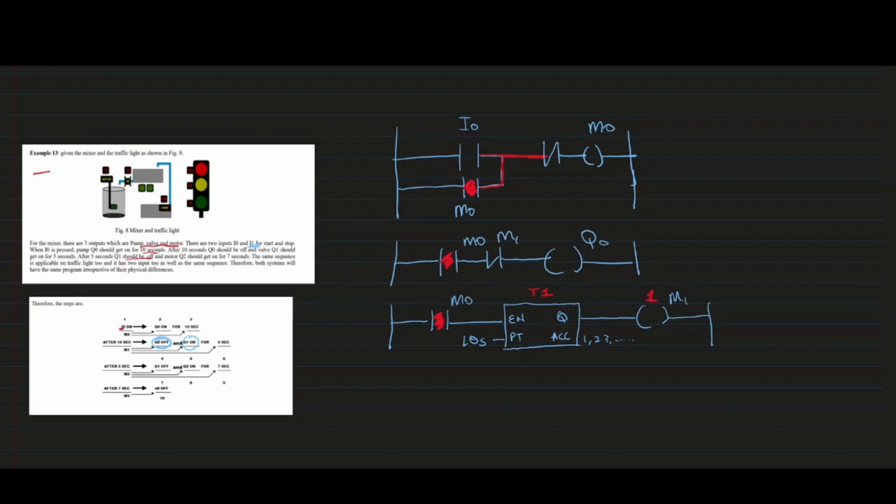You agree with me? If a normally closed contact becomes energized, guess what? It stops conducting, meaning Q0 will no longer get energy. So now the next question is, how will we make sure that M1 turns on Q1?